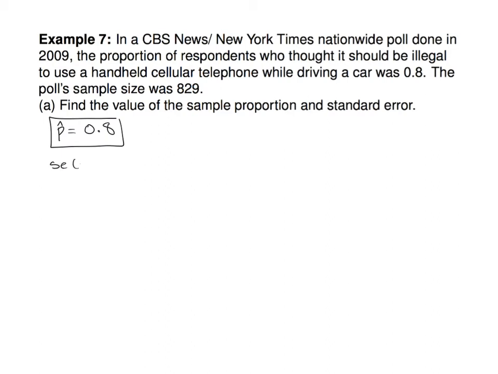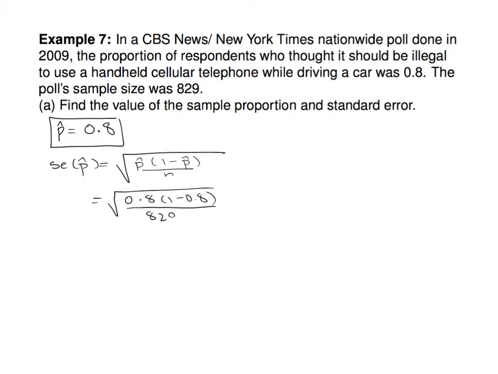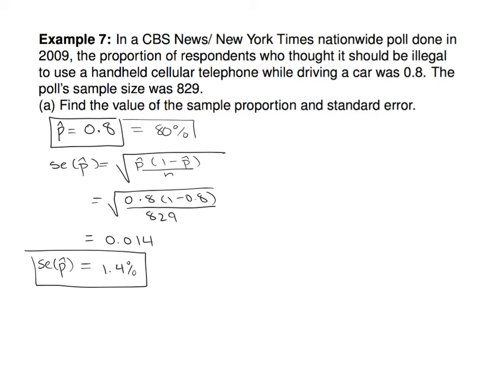And the standard error of p hat is given by root p hat 1 minus p hat over n, 0.8, 1 minus 0.8 over 829. So this is about equal to 0.014, or 1.4%. And notice that 0.8 is the same thing as 80%.